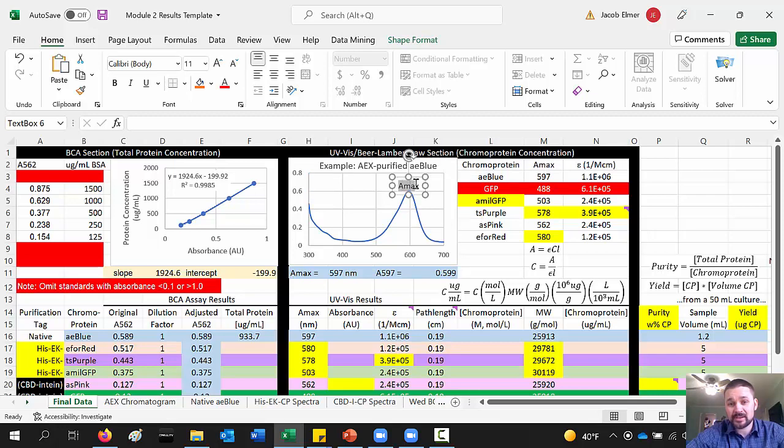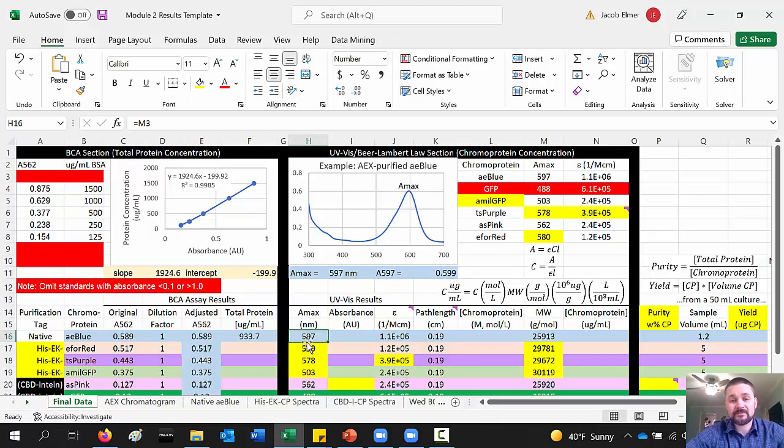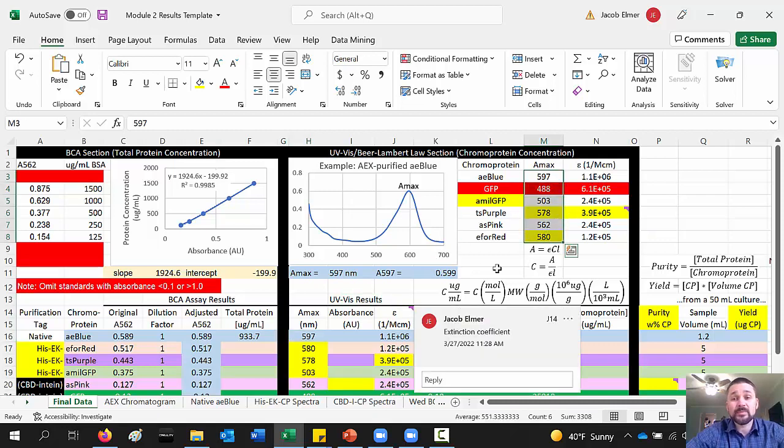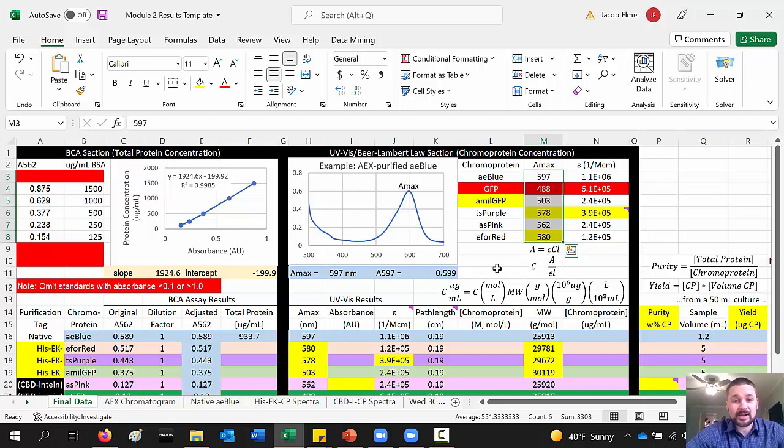So that's the wavelength at which the absorbance is maximized. For AE blue, for example, that occurs at 597 nanometers. For the other proteins, we have different absorbance maxima, but the general trend still applies.